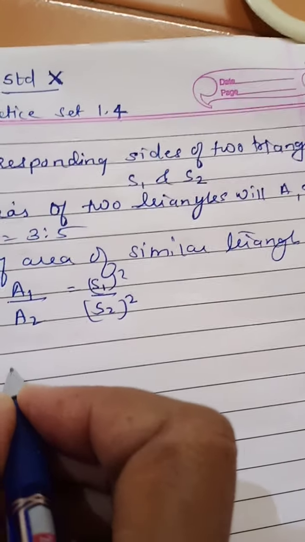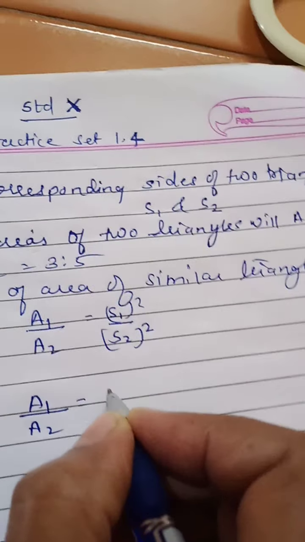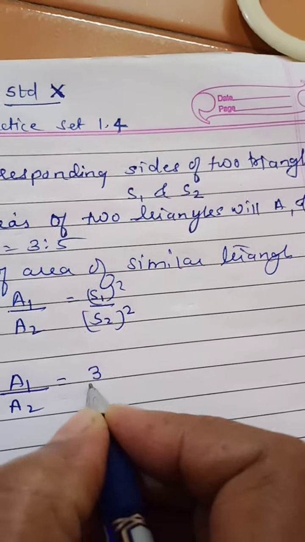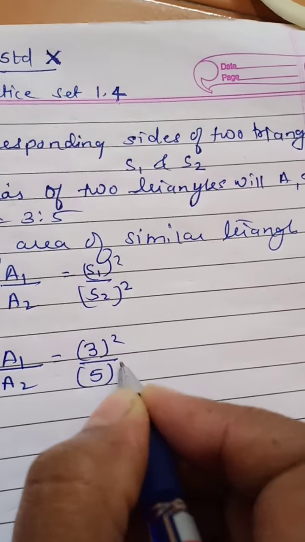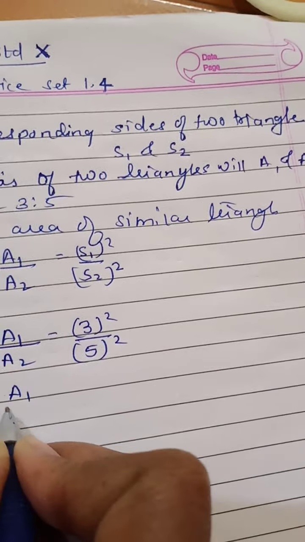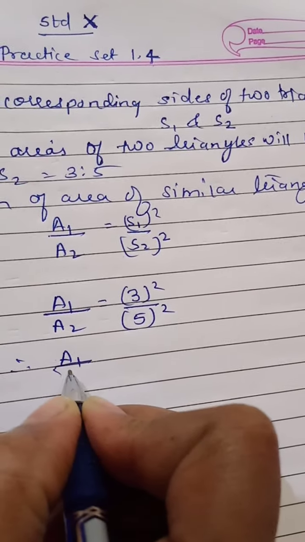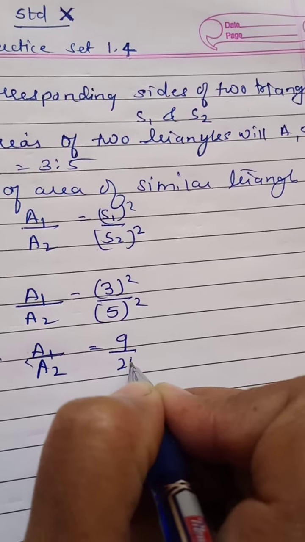Now A1 upon A2 is equal to, S1 is given as 3, so 3 square, and S2 is given as 5, so 5 square. Therefore A1 upon A2 will be equal to 9 upon 25.